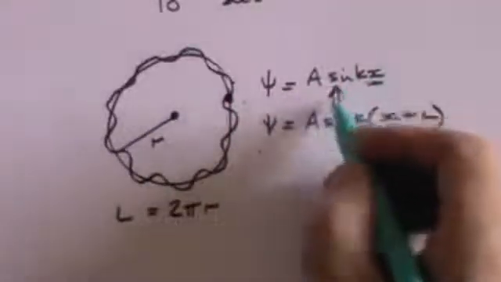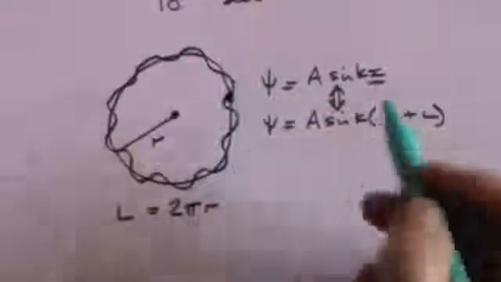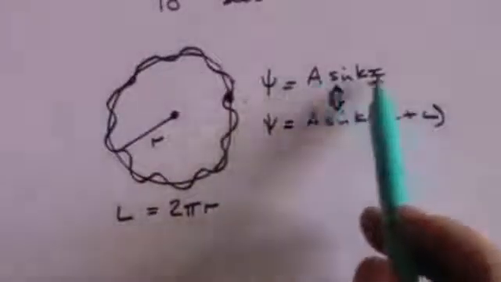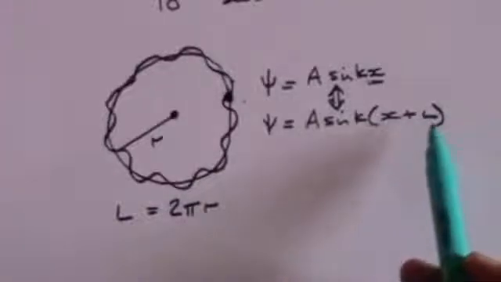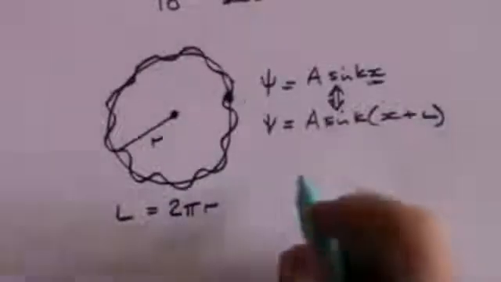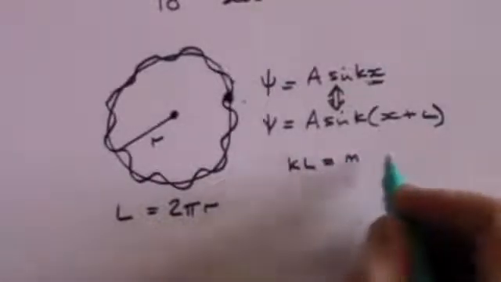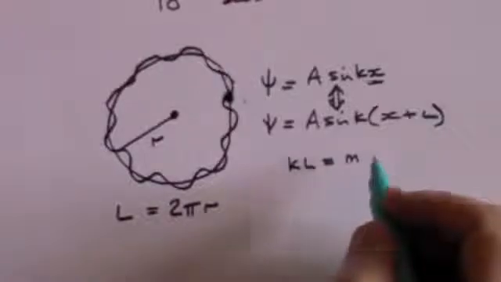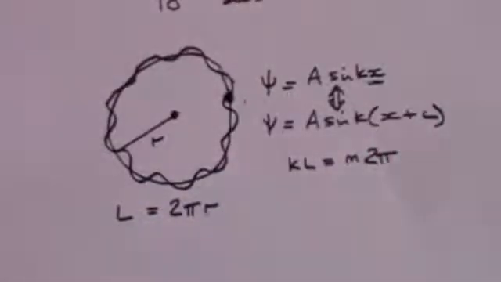Therefore, the wave function when it started and the wave function when it comes back to where it started must be equal. So a sine kx must equal a sine k into x plus L. And the only way that can happen is if kL is equal to an integral number of values of 2 pi.